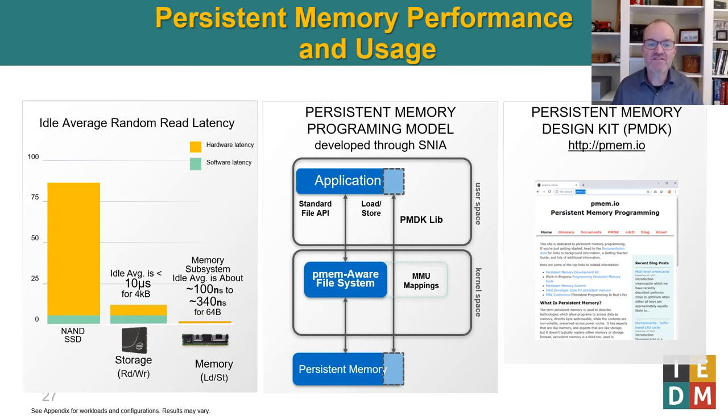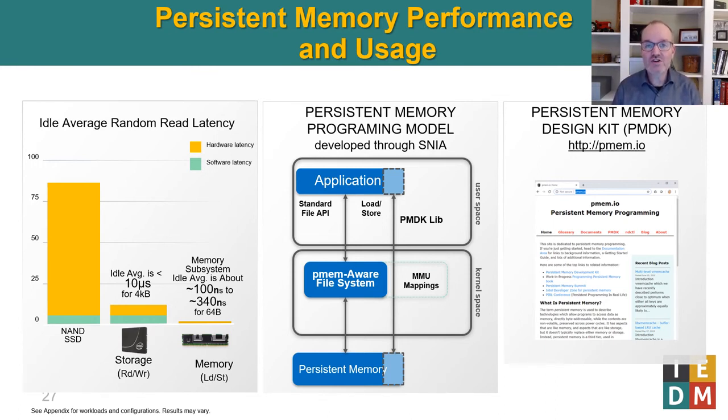And so it can find the data for you. You could continue to use that PMem-aware file system if you wanted to access persistent memory like storage. However, you'd be going through the operating system for every access. That's not really the best way to access persistent memory.